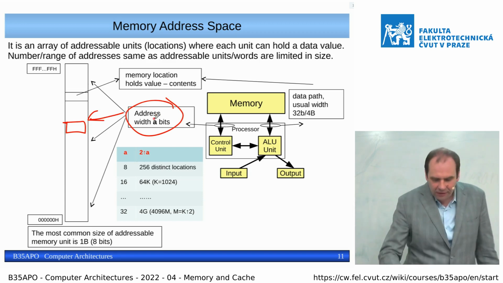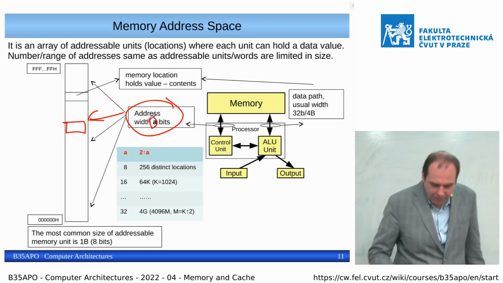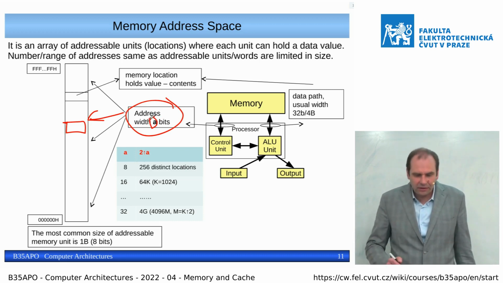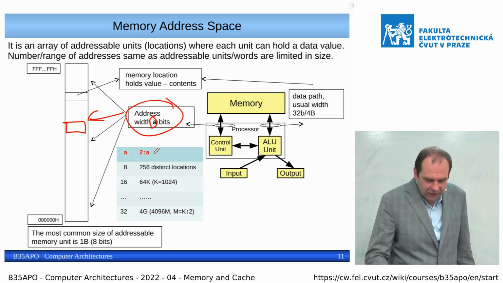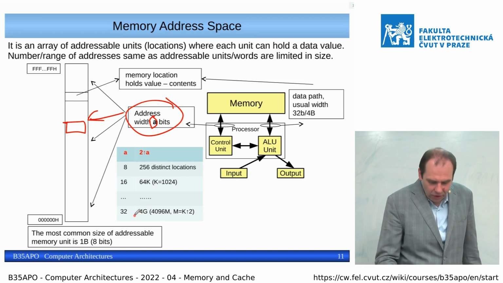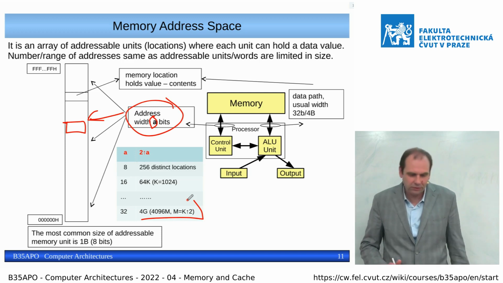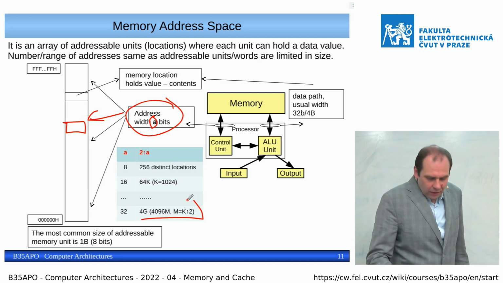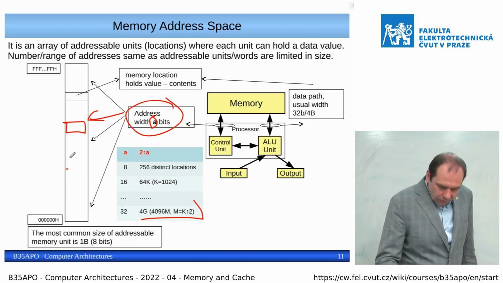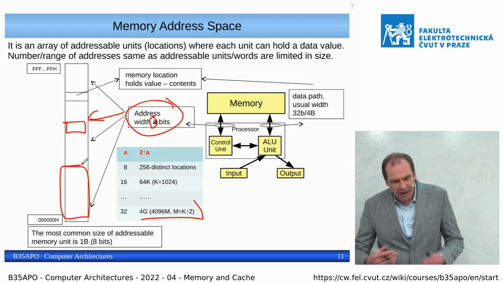And we have some number A of bits, and the number of combinations is 2 to the power A. So basically it defines the size of our address space, plus minus. It is not necessary that the whole area is actually backed by real memory.